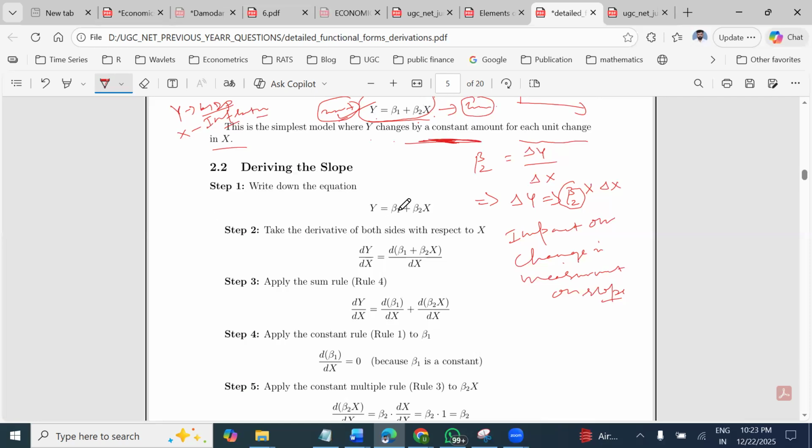Sir, are you talking about the unit of measurement? Yes. If the unit of measurement changes, the interpretation changes. We'll discuss that because it is very important. Because if such a question comes, maybe you will get confused, or you will choose the wrong one. Are you getting my point? There is a high chance, because people are not actually aware of it.